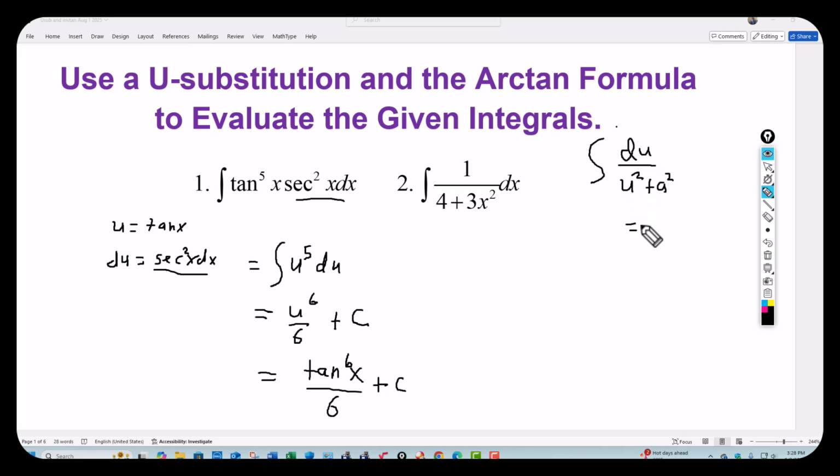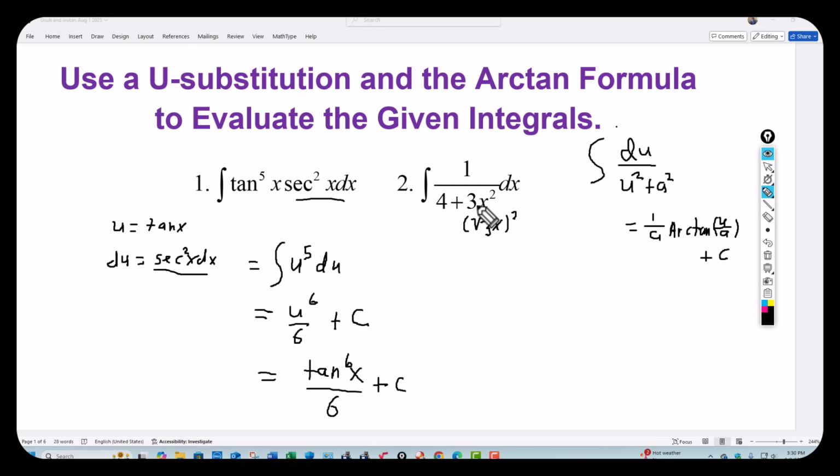That's supposed to have a value of 1 over a times arctan of u over a plus a constant of integration. So think of this as the square root of 3x quantity squared. Now you can do it without doing this, just to make it clearer so you can see what we're doing with the formula here.